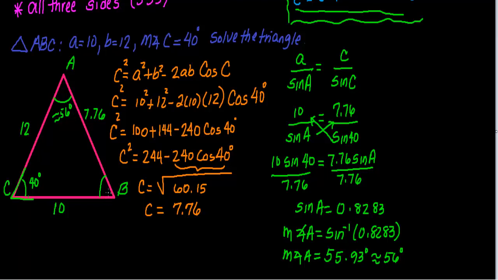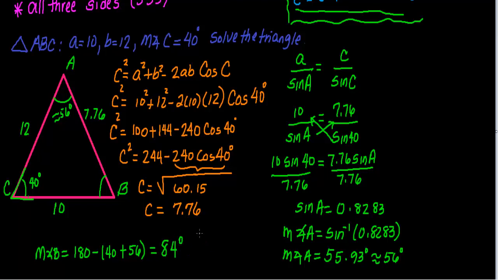Now to find the measure of angle B, well, that's very simple, right? The measure of angle B is going to be 180 minus 40 plus 56. And that will give you 84 degrees.